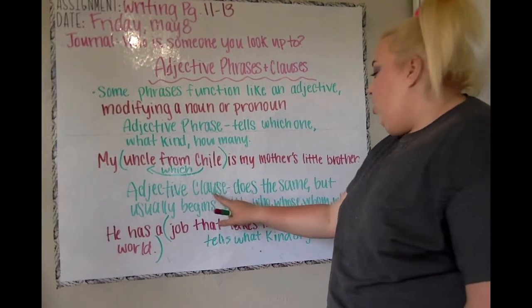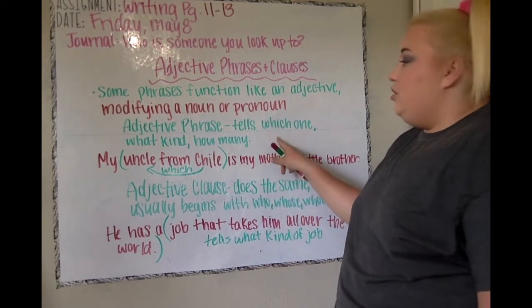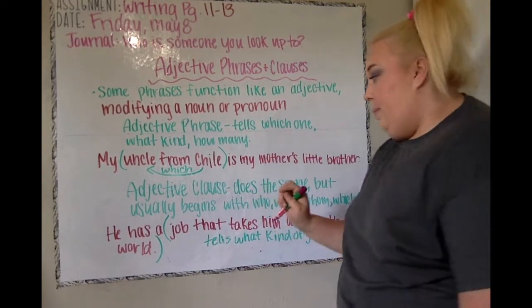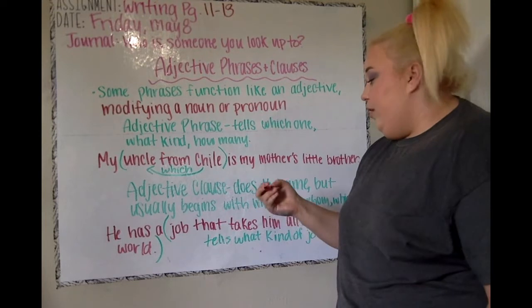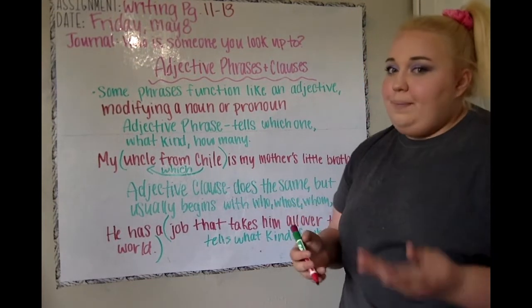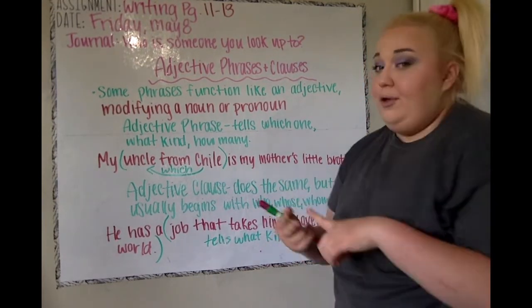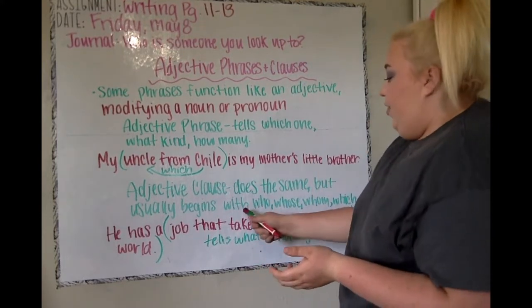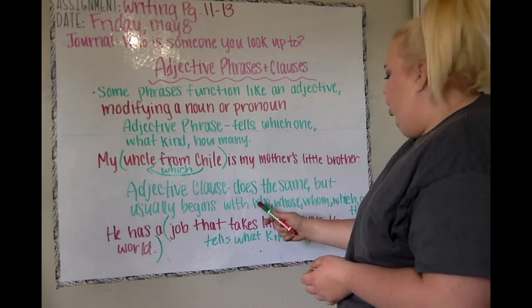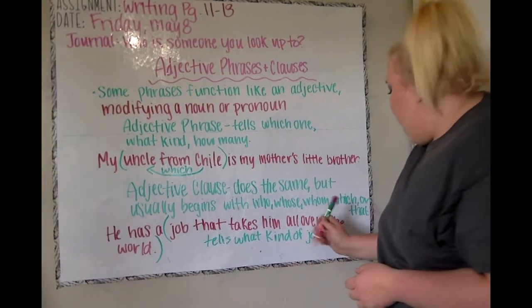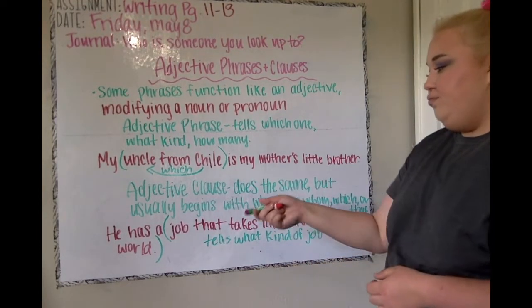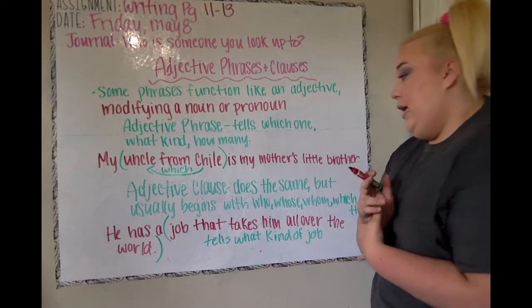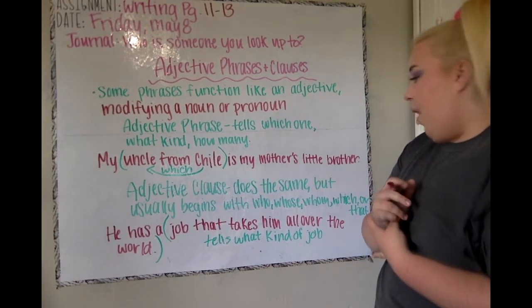Now an adjective clause does the same exact thing, answers those questions, which one, what kind, how many. Obviously the main difference is that it has both the subject and the predicate. And it usually begins with the words who, whose, whom, which, or that. So here we see, he has a job that takes him all over the world.